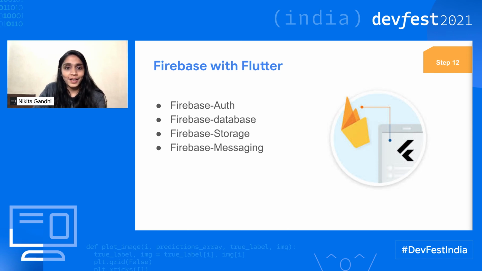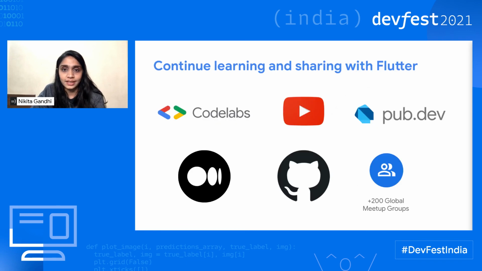With this, I hope you understood how you can get started with Flutter, what the basic requirements are for you to get into the market of Flutter and create your own identity. And as you learn, continue sharing, because as you share more, you learn more. So you can learn more through Codelabs, a lot of YouTube videos that are available on the Flutter channel, and a lot of Flutter contributors.